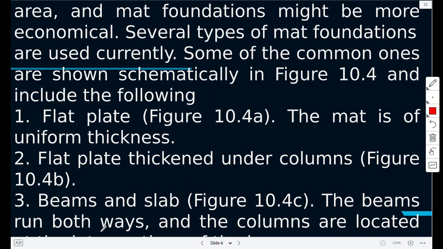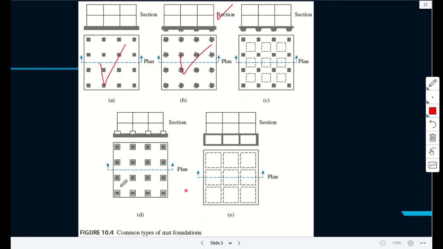And then we have beams and slab. This is shown in 10C. So in addition to the mat foundation or raft foundation, you reinforce along both ways.